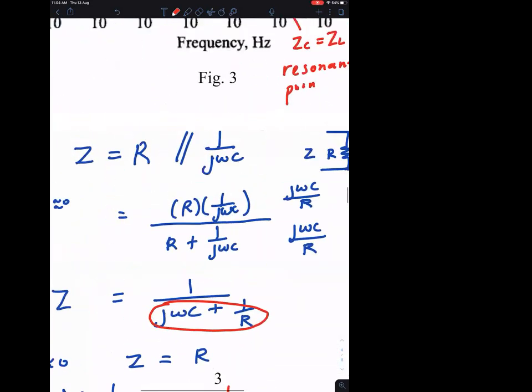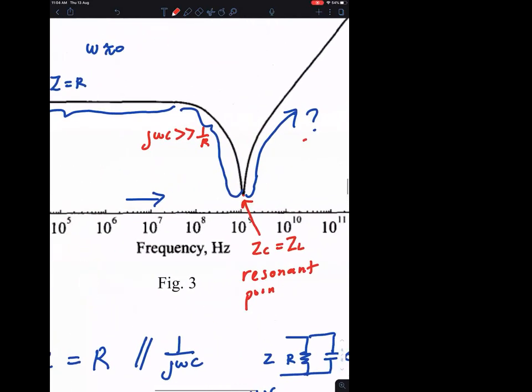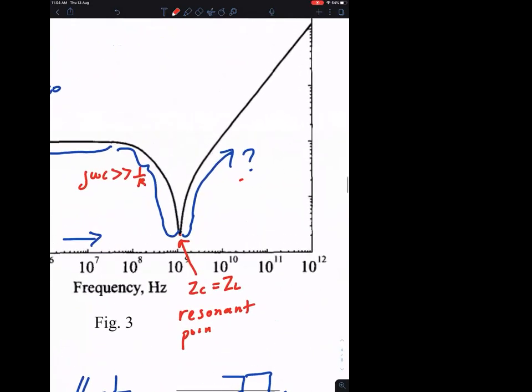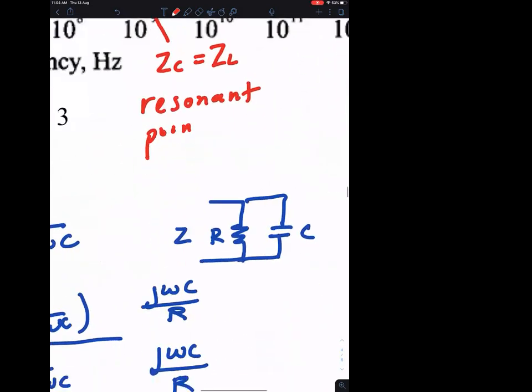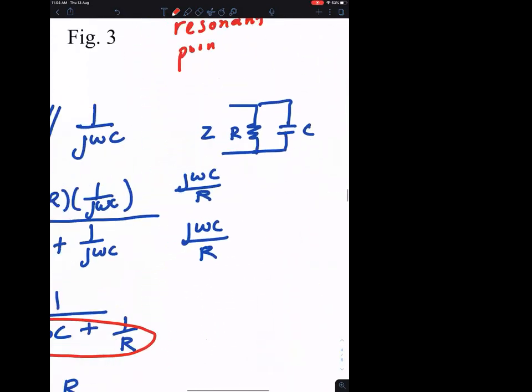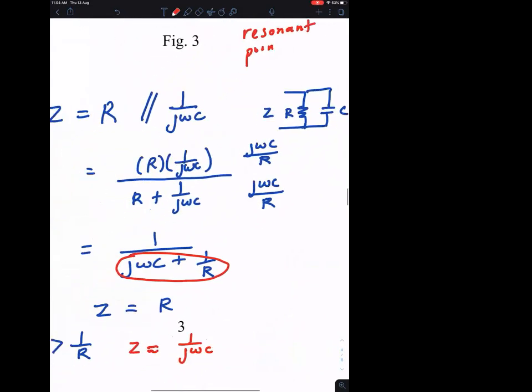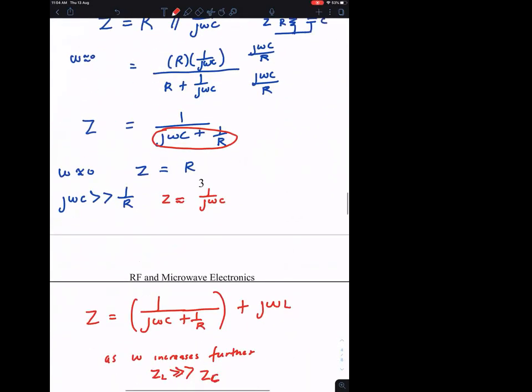I'm not saying this, this curve is telling me that. At resonance, they cancel each other. At this point, you can clearly see the inductor is becoming much, much bigger than ZC. That can only happen if I add an inductor. Right here, we add the inductor.